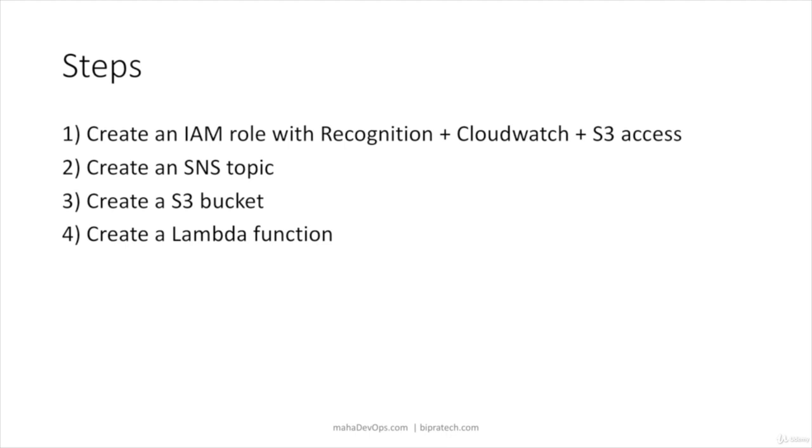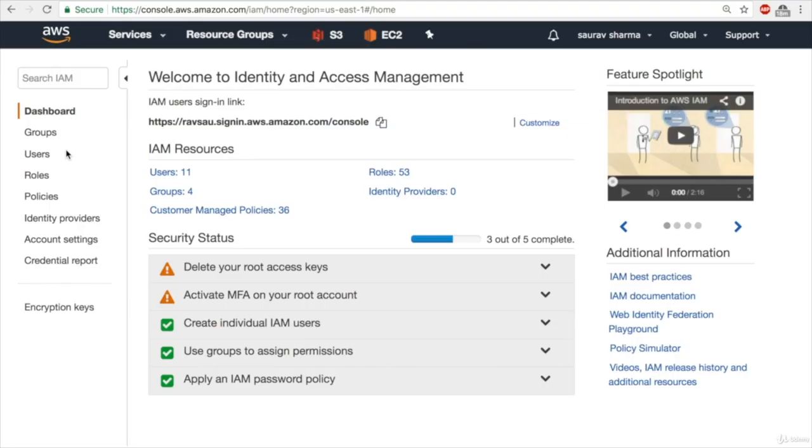We'll then create an S3 bucket, and this is where we will upload our pictures. And finally, we will create a Lambda function that will have the logic to perform the image recognition. So let's get started.